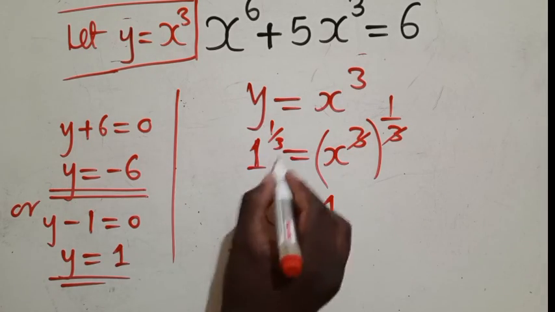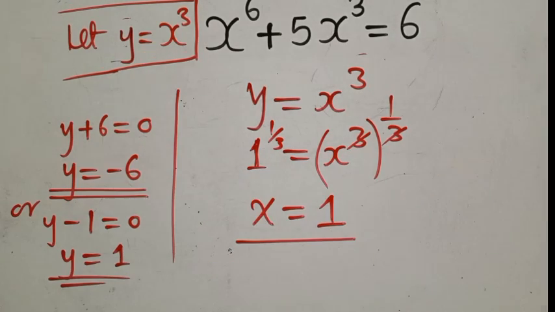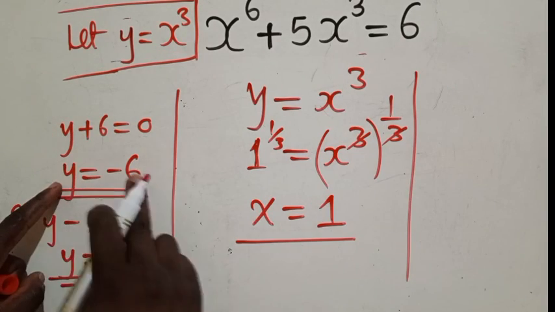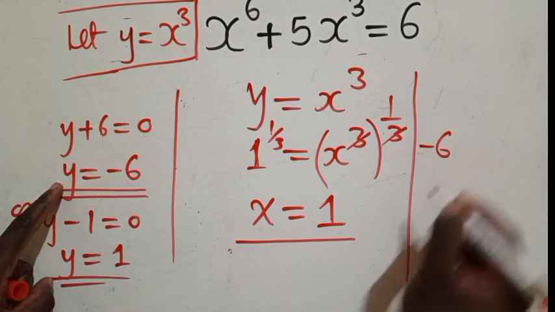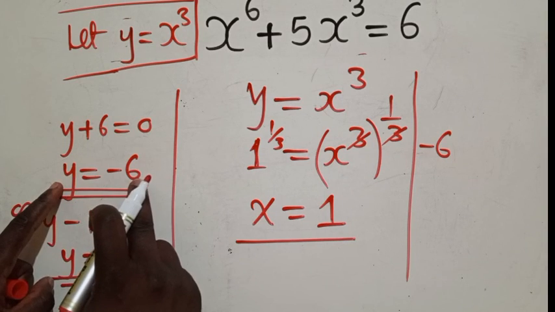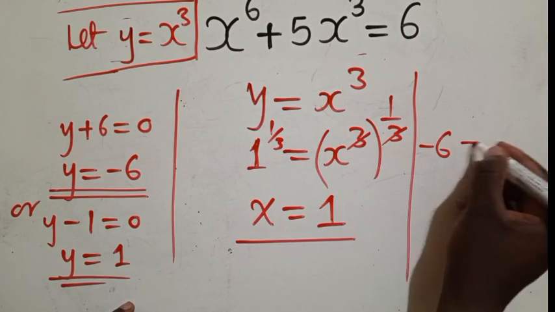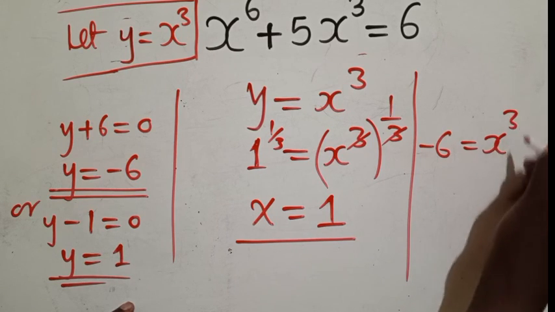We know that the cube root of 1 is 1. So that's one of the solutions. For the other solution, we get this value, negative 6, because y is equal to negative 6. So we write negative 6 equal to x^3.